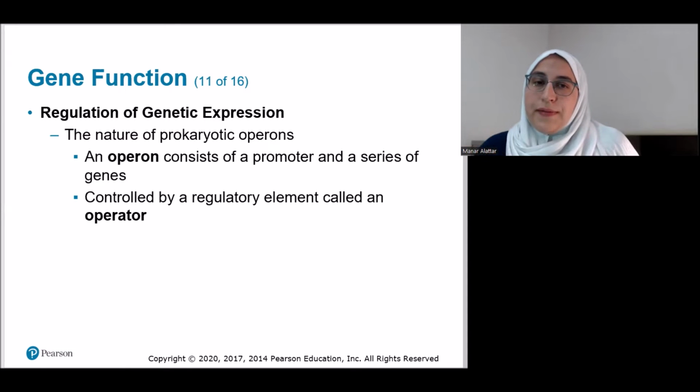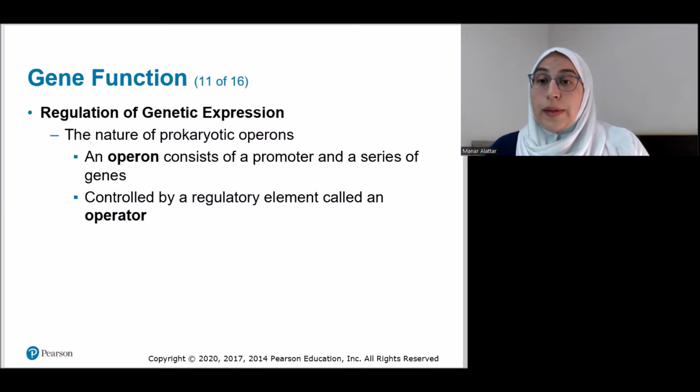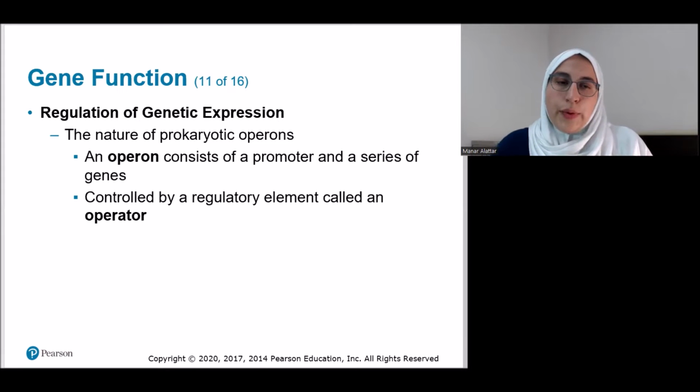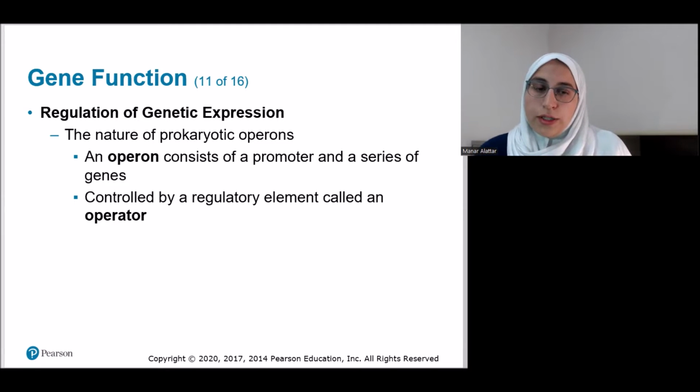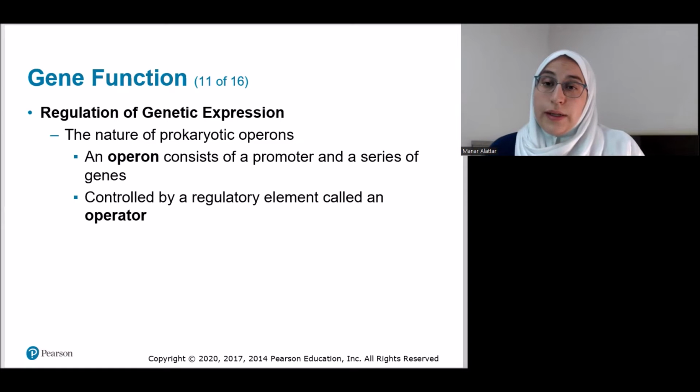You'll remember in our previous discussion that we said that sometimes genes are copied as a single individual gene, and sometimes they're copied as groups of genes called operons. And when we were completing that worksheet, you noticed that eukaryotes actually have what are called exons and introns, and they will copy a group of genes and then modify which genes they want to utilize.